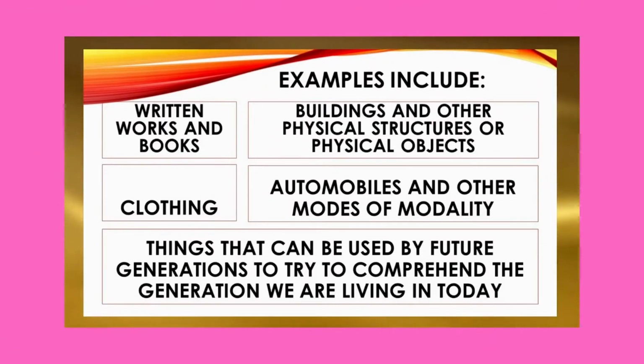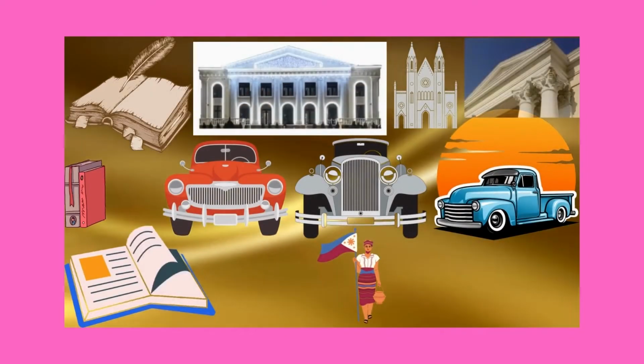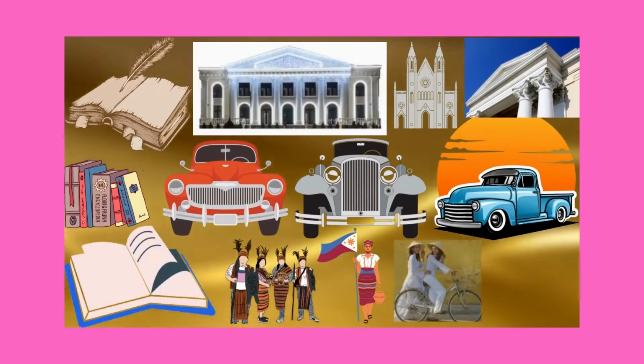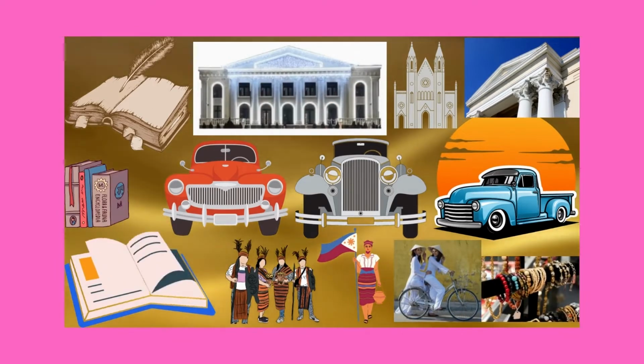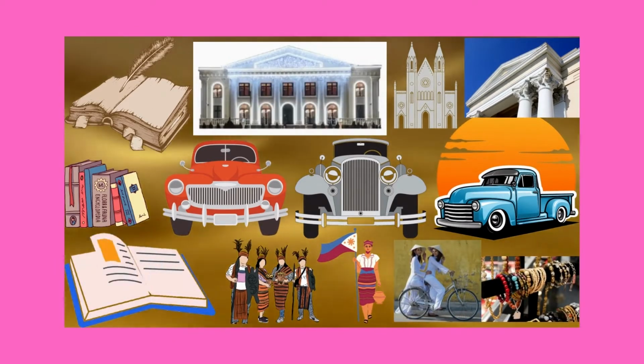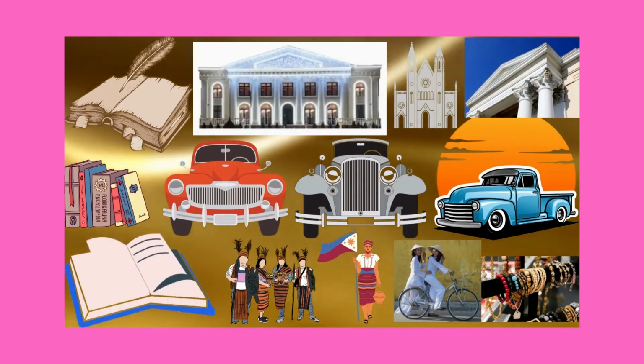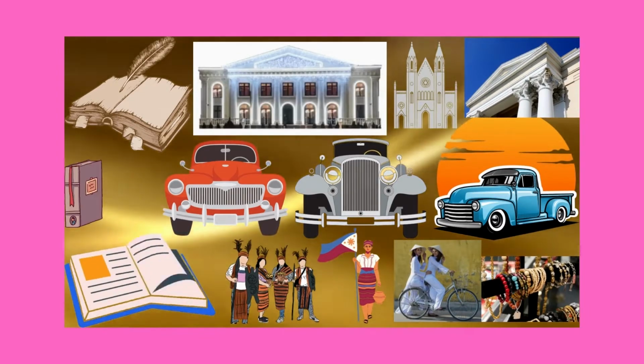Examples include written works in books, buildings and other physical structures or physical objects, clothing, automobiles and other modes of transportation, or anything that can be used by future generations to try to comprehend the generation we are living in today. All of these depict material culture.